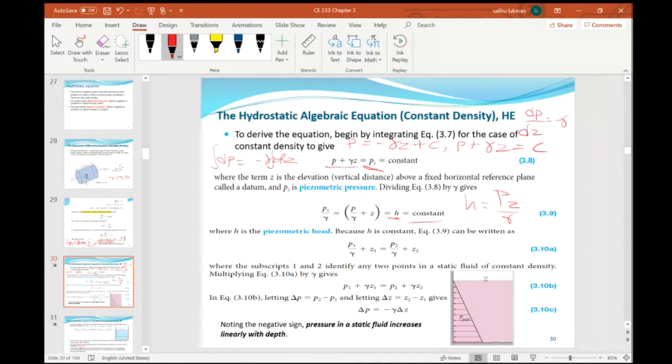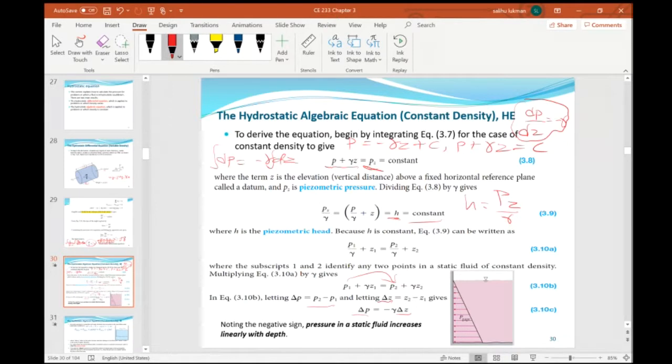Here we can bring this over to have P2 minus P1, which is the change in pressure, and Z2 minus Z1, to use delta Z. This simplifies to the previous equation that we started with, dP/dZ equal minus gamma. So this is now in algebraic form: delta P equal minus gamma delta Z. We just move back to the equation that we started with.